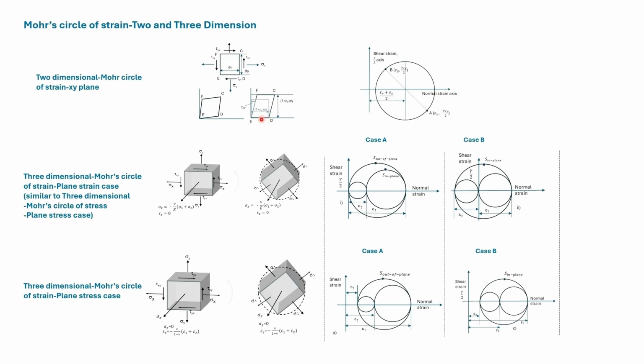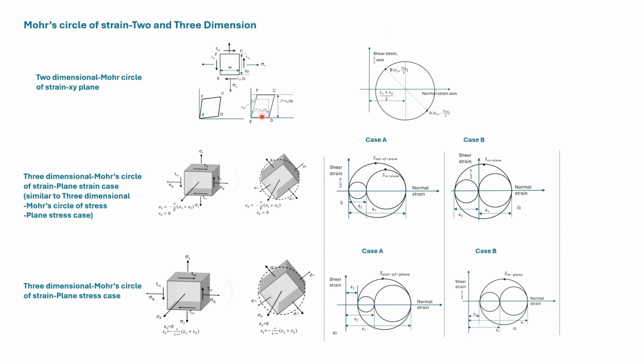In this figure, the original element and the distorted element are superimposed. Epsilon x is the normal strain in the x direction, epsilon y the normal strain in the y direction, and gamma xy is the shear strain.